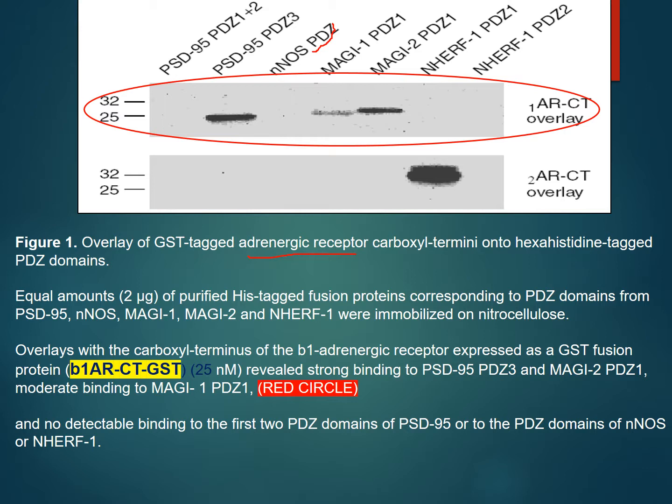So overlays with the B1 adrenergic receptor, and that's right here, reveal strong binding to this protein, MAGI2 PDZ1, MAGI1 PDZ1, so it's MAGI2 protein, MAGI1 protein, and PSD95 PDZ3 protein.